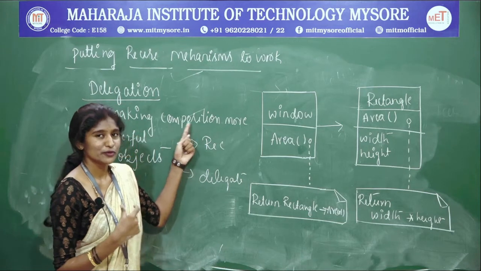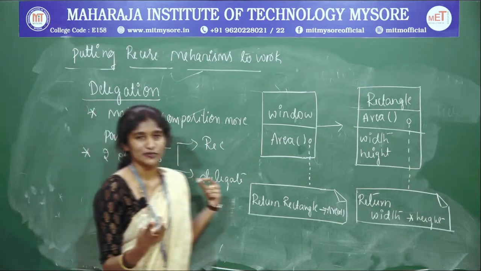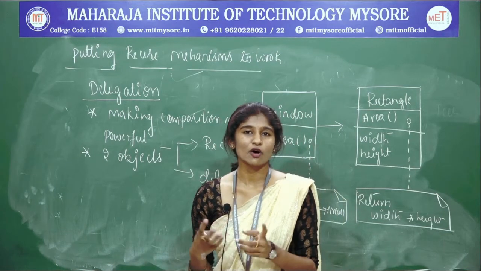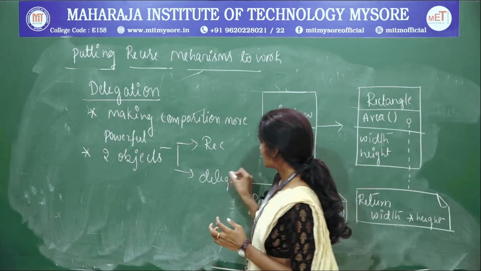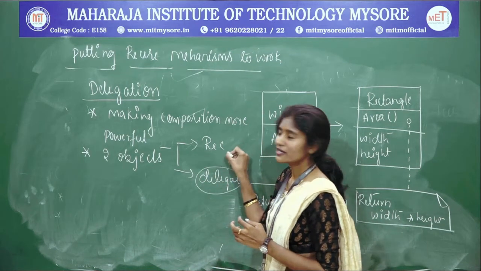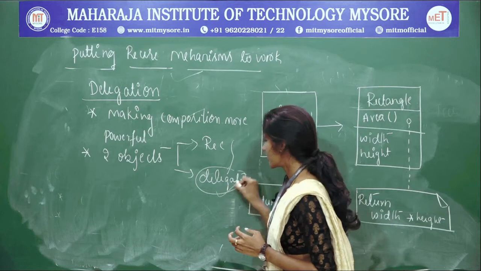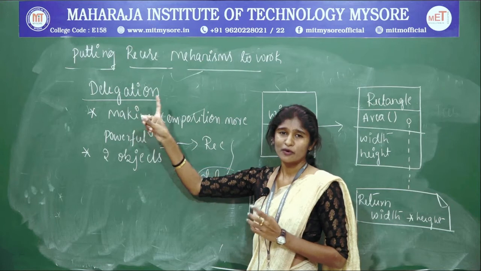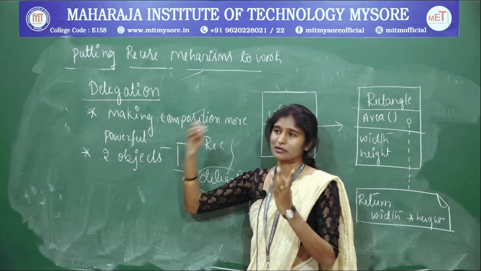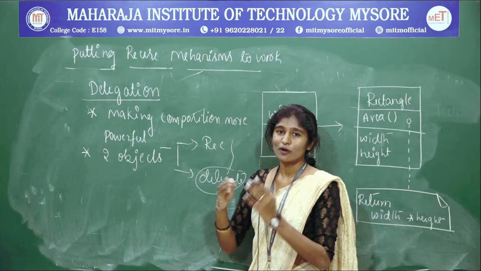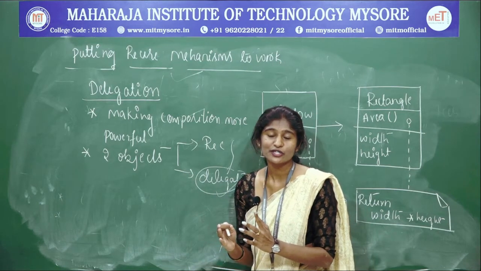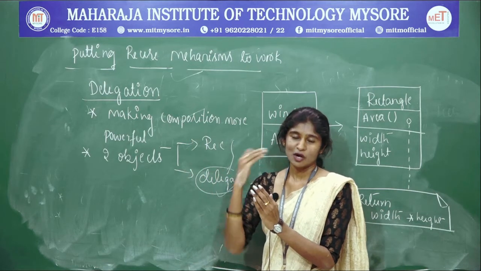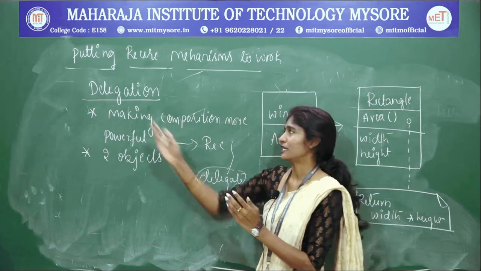Delegation contains two objects: a receiving object and a delegate, the one who is going to receive the contents from the receiver. So it is a powerful technique that helps the composition become more powerful than inheritance. You can make composition more powerful using delegation.